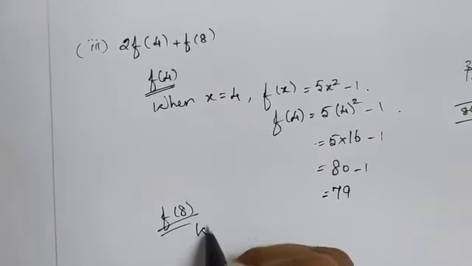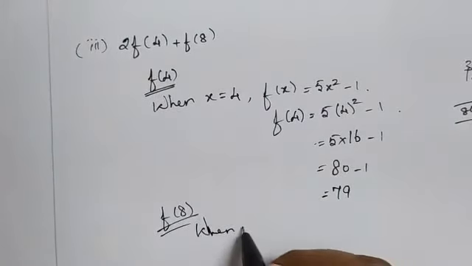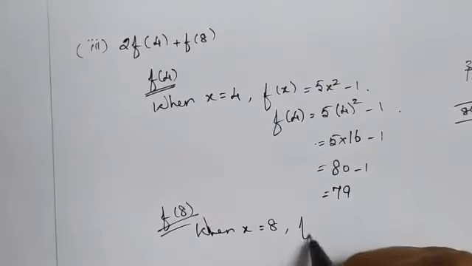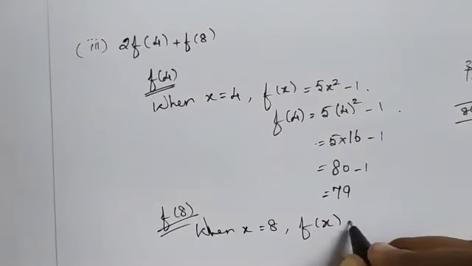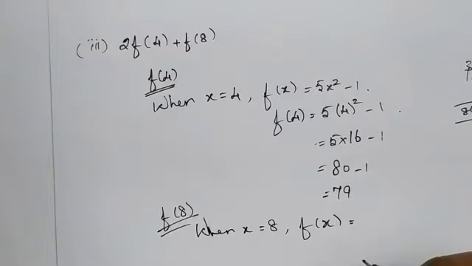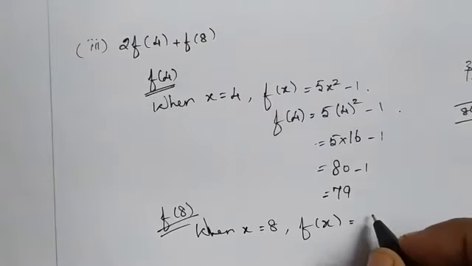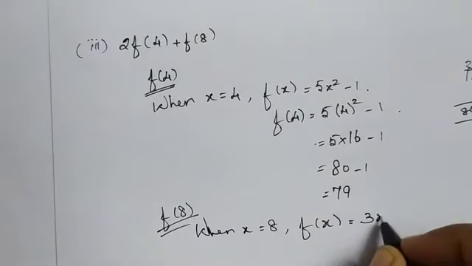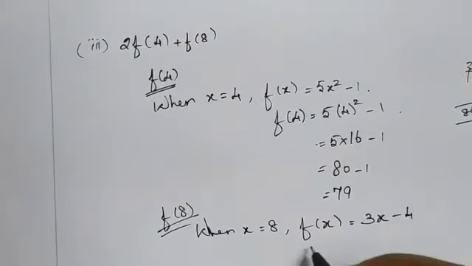Now find f of 8. That is when x is equal to 8. 8 is in the last line. Therefore f of x is 3x minus 4.